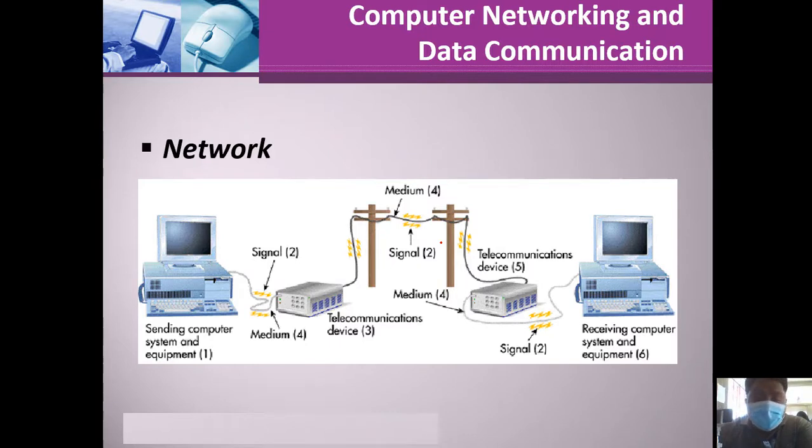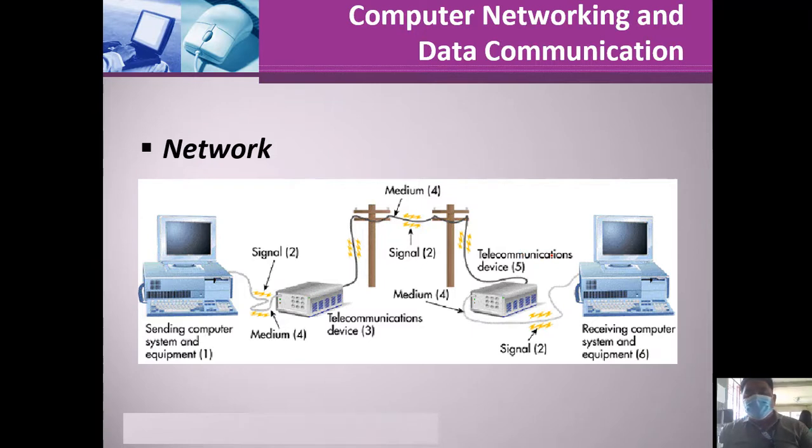So, as you can see here, this is a very old desktop computer using signal as the medium, and then going through telecommunication. And of course, the telecommunication uses electricity. That is why we have here the electric post, signal, telecommunication.